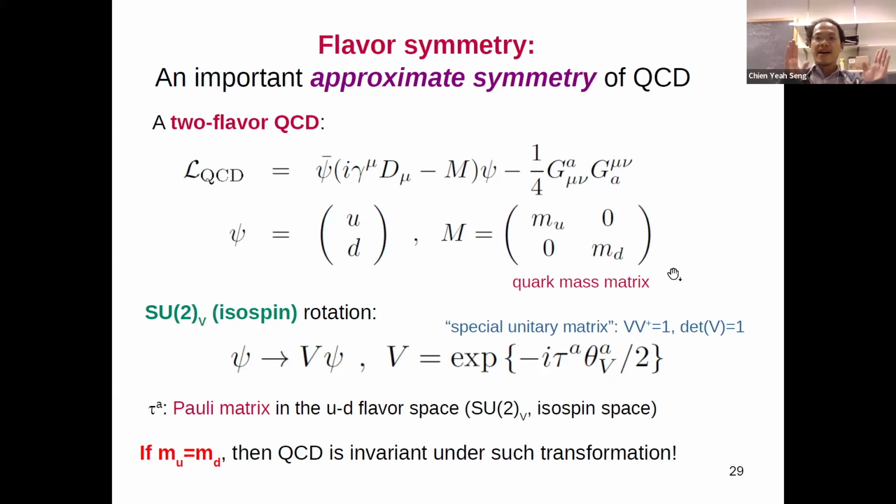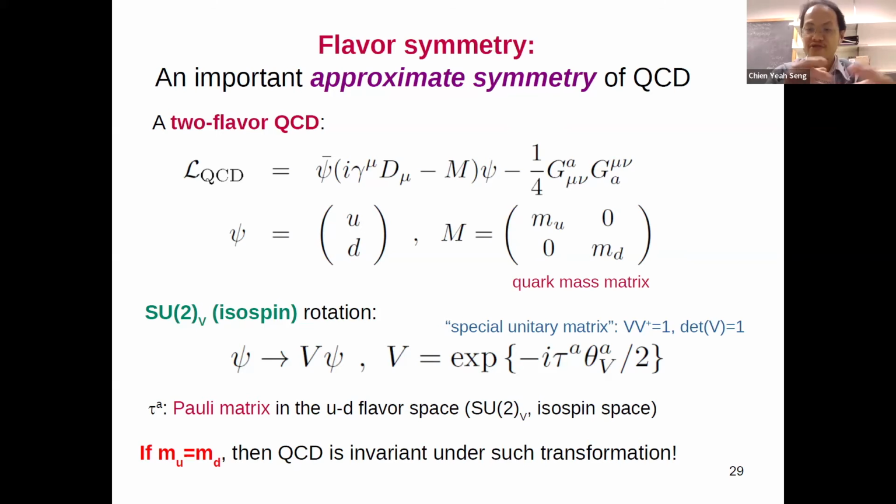So now let us consider this transformation, SU2V. V stands for vector, which is also known as the isospin rotation. You group the up and down quark fields into a doublet, the u-d doublet, and then you do a so-called special unitary transformation, namely the exponential of something, and the generators are the Pauli matrices.